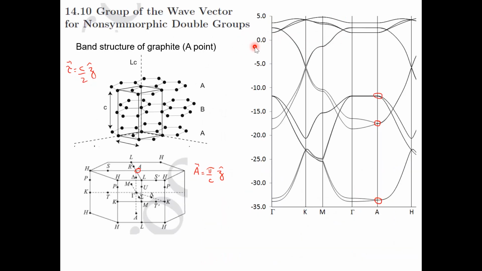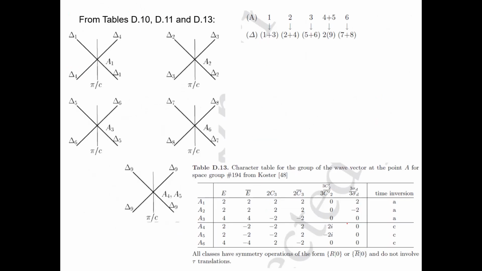So the delta line is actually the line between gamma and A, right? If we look along this direction, in this particular picture, what I see here is two delta lines. This is the A point in the Brillouin zone, and I can go to gamma along this way and in this direction. So this is a gamma A gamma band dispersion, okay? And these are delta lines.